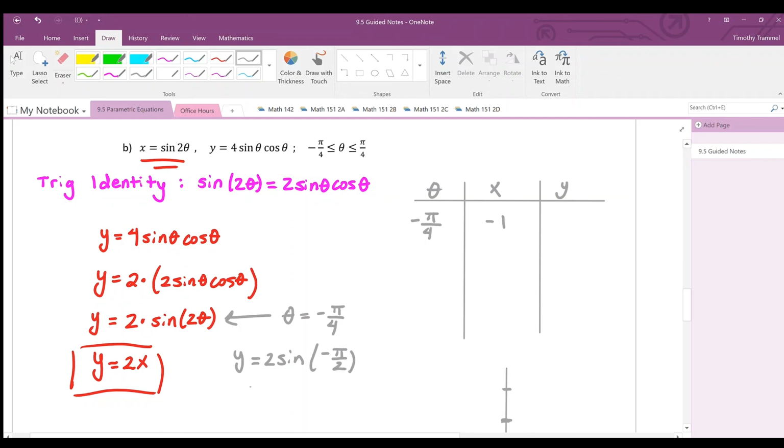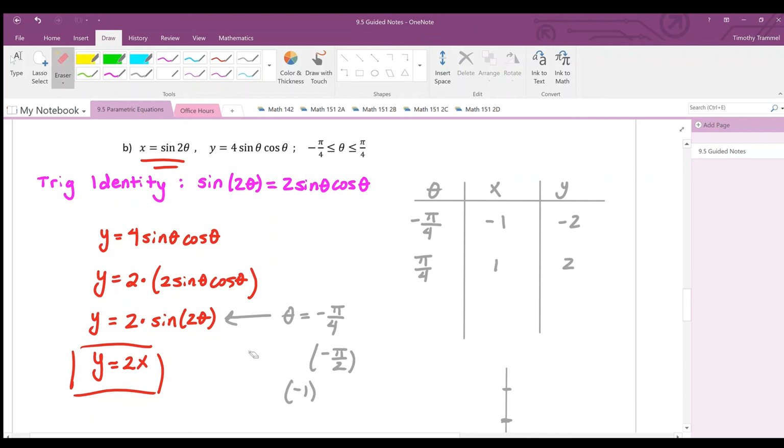So this is equal to 2 times, and sine of minus pi over 2 was minus 1, so negative 2 here. Then we can try this for pi over 4, and similarly we get positive 1, positive 2.